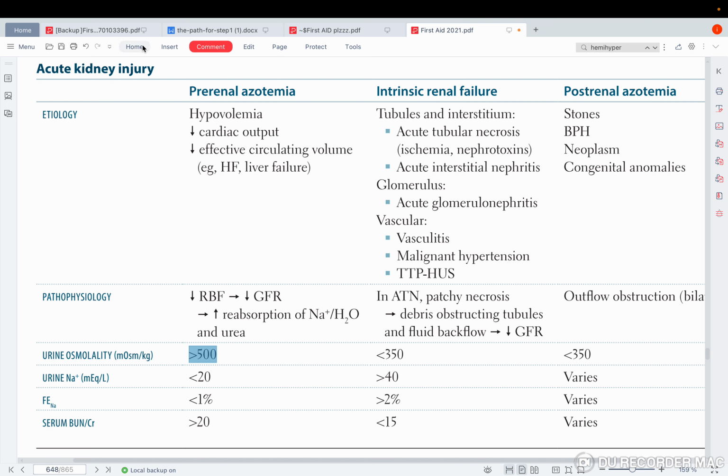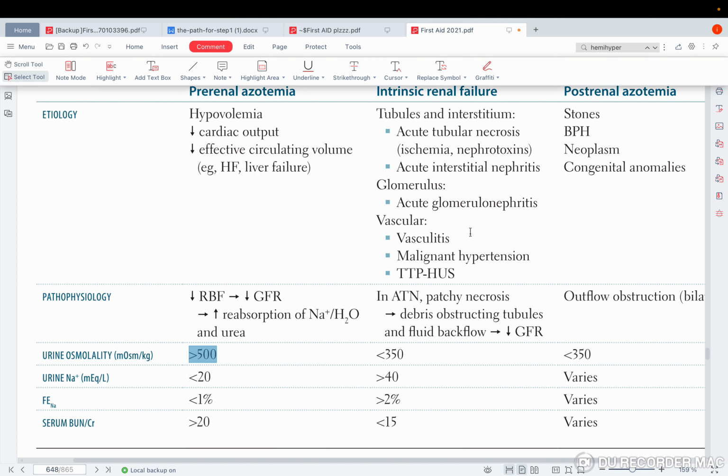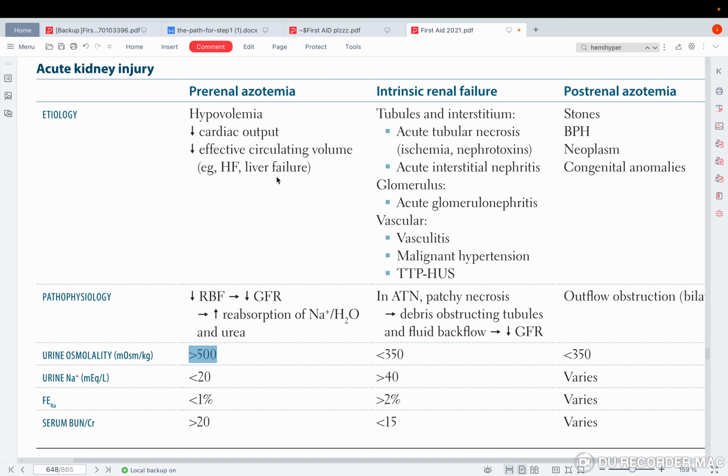Guys, if you are reabsorbing a lot of water from the tubules, are you concentrating the urine or are you diluting the urine? You are sucking the water out of it. So is it getting concentrated or diluted? Let's imagine that this is the tubule.